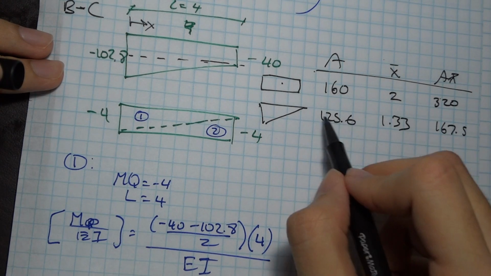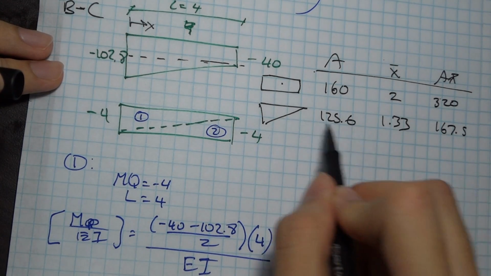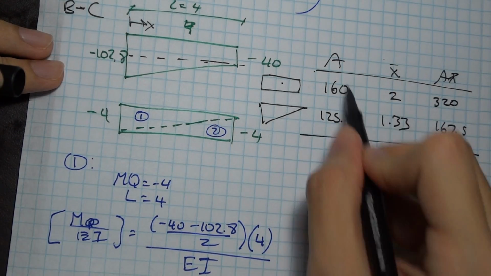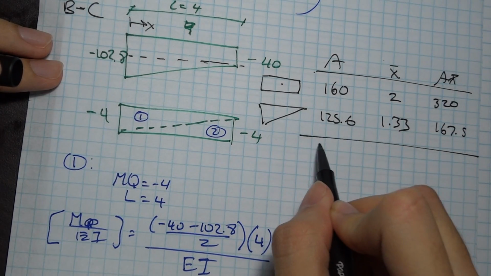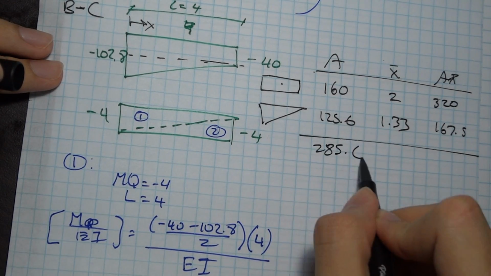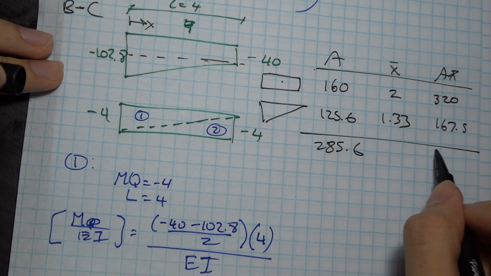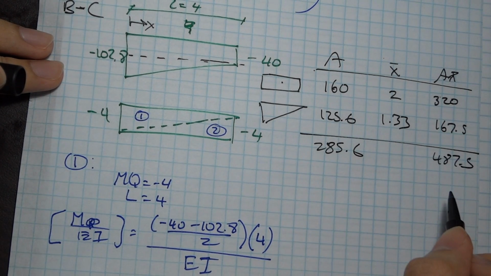My A x bar is just this column times this column. And if I add all these things up, if I add my areas, I end up getting 285.6. If I add my A x bars, I end up getting 487.5.